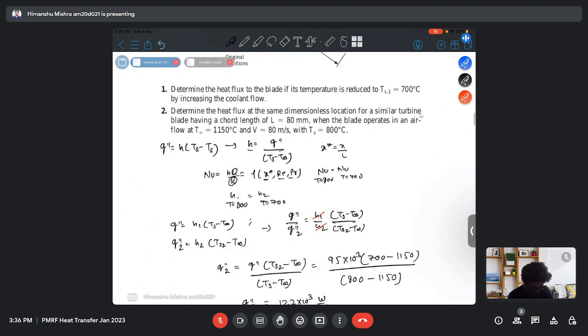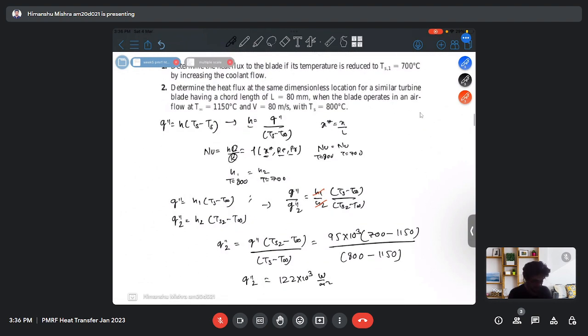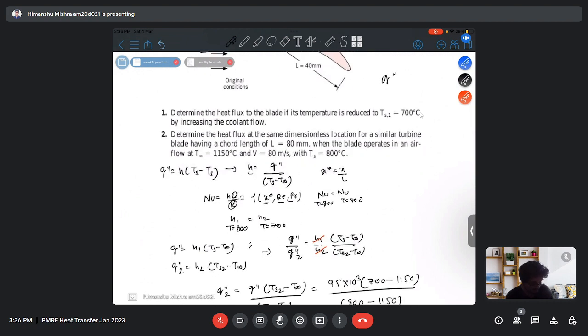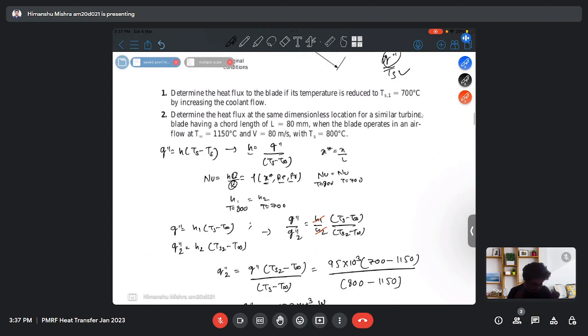So let me revise the first part. In the first part, it is said that we have given the heat flux and the surface temperature, and it says that if my surface temperature gets changed, what will be my changed heat flux here? So we write the Nusselt number equation in terms of non-dimensional distance, Reynolds number and Prandtl number.